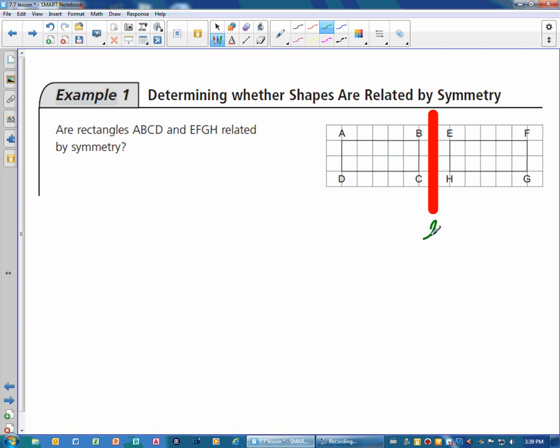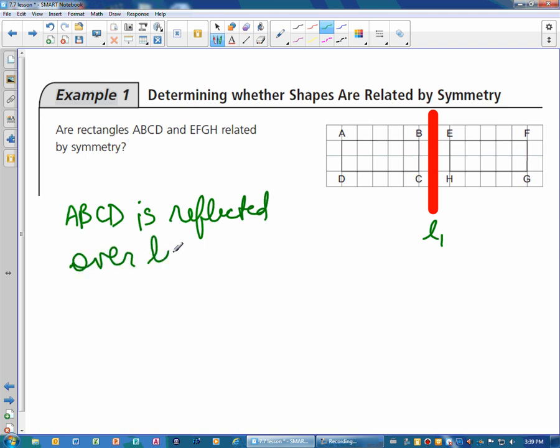If you want to call it L1 for line 1, you could say that ABCD is reflected over line 1 to become EFGH.